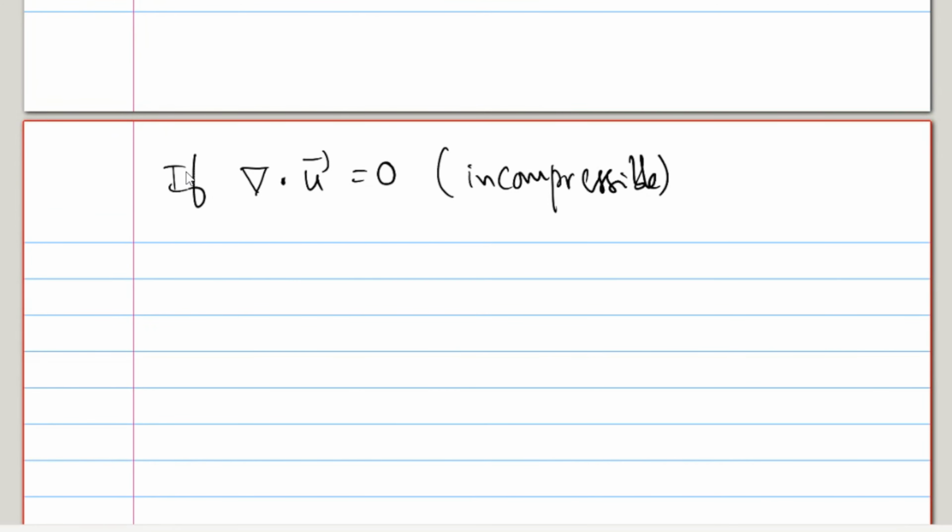If this is true, then we know by Helmholtz theorem, which I have given as an assignment, that there exists a vector field. What is that vector field we denoted? Let's call this V, right?